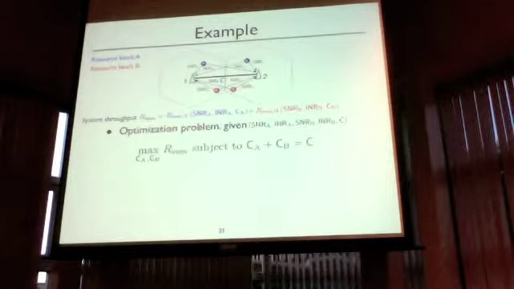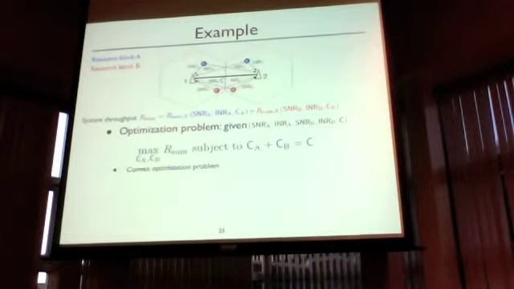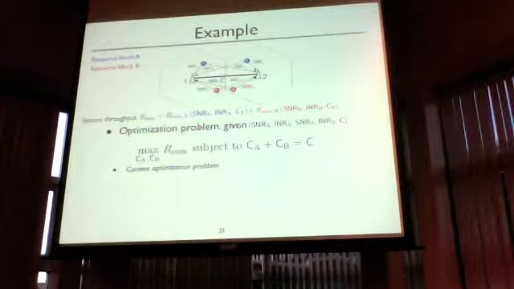So basically, I just want to maximize the total throughput subject to CA plus CB equals C. And this is actually convex, because this sums their functions, which are concave functions of CA and CB, approximately linear. And CA plus CB equals C is a linear function, so this is convex.